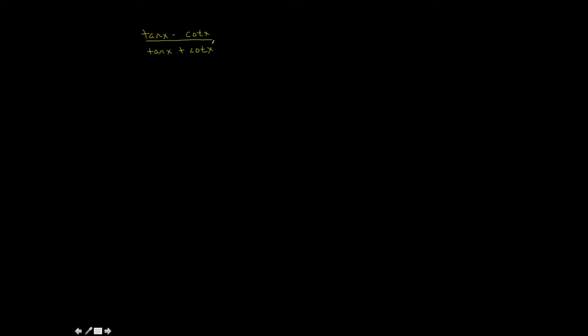And the directions tell you this: write in terms of sine and cosine. So they want you to simplify this problem, but they want you to simplify it in terms of sine and cosine.